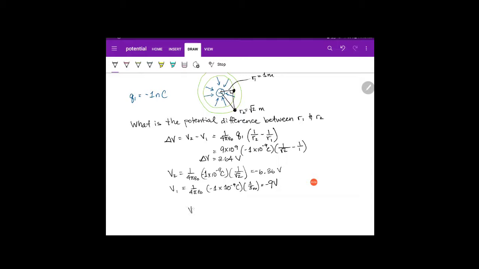And so I would have V2 minus V1, which is delta V, is equal to minus 6.36 minus negative 9. And when I calculate that, I'm going to have a negative plus a larger number, so that would be a positive 2.64 volts.